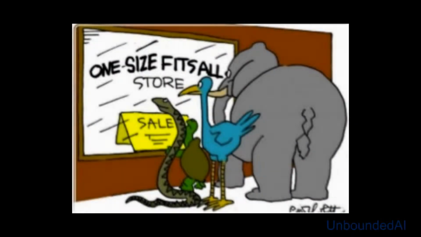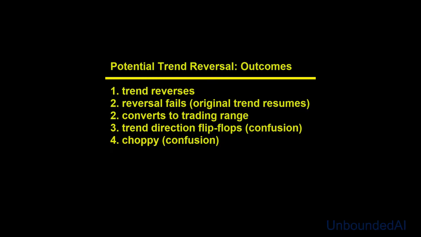For myself, I do not look for a one-size-fits-all trend reversal pattern. Also, after spotting what might be a reversal, I remain open to all possible outcomes, ranging from the reversal playing out, to alternatives like the reversal failing, conversion to a trading range, or the trend direction flipping rapidly 2 or more times, or just getting a sloppy, choppy mess.